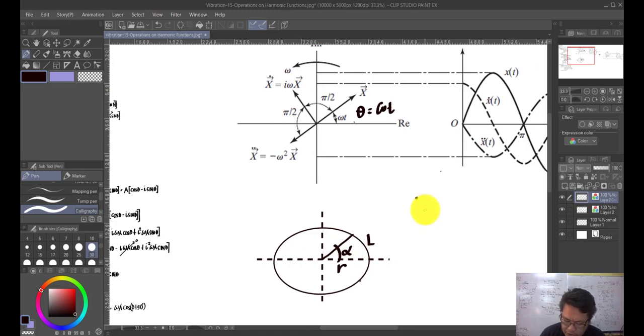The angle becomes the length of the arc divided by the radius, in terms of radian.